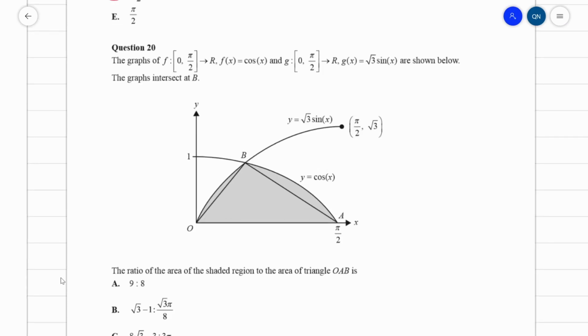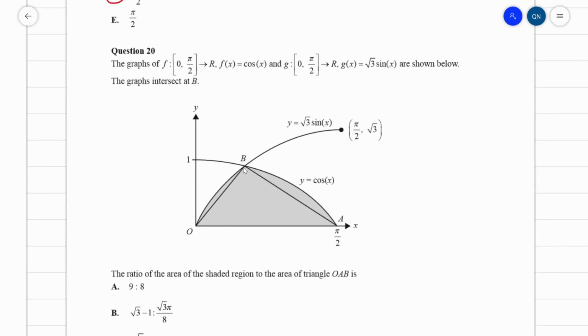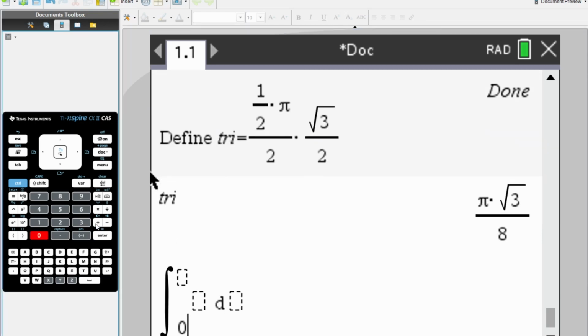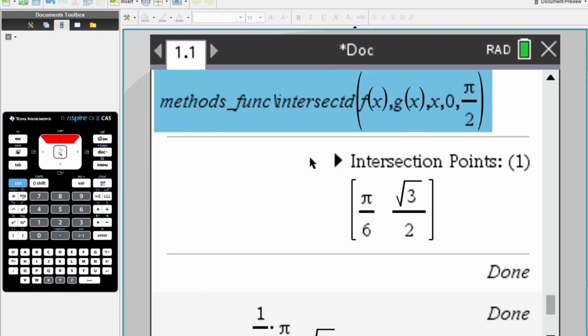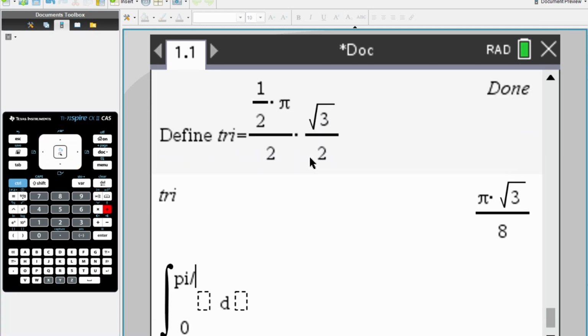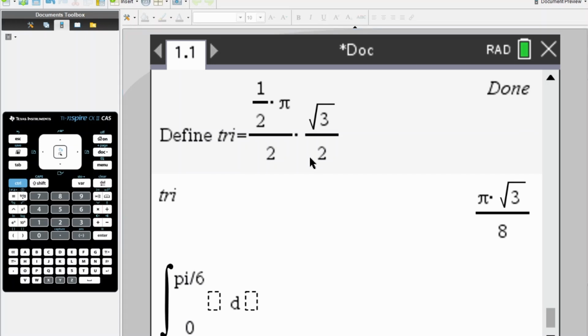Okay, now let's do the integral area, so the actual area. We can split this up across this intersection point, because the first part is going to go from 0 to B, but we're integrating the function sine, which is g. So the integral from 0 up to, what was that x coordinate of the intersection point? It was pi on 6. So from 0 to pi on 6 of g of x dx.